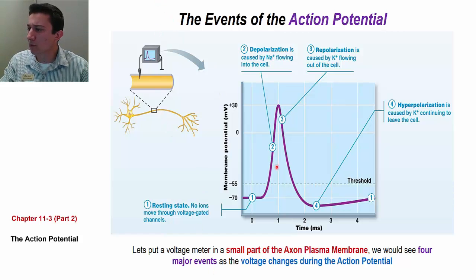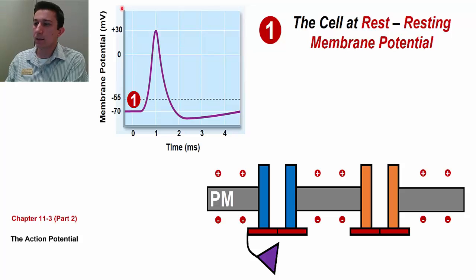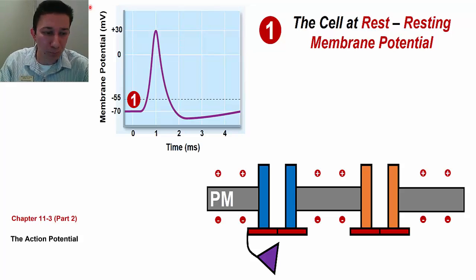We'll see essentially four major events. The cell will go from rest, the voltage will climb very rapidly, the voltage will then decline very rapidly, and then the voltage will start to even out back towards resting membrane potential. We'll look at all four of these events in sequence right now.